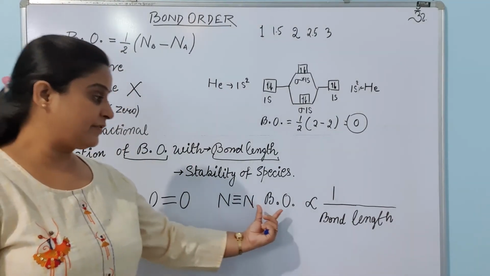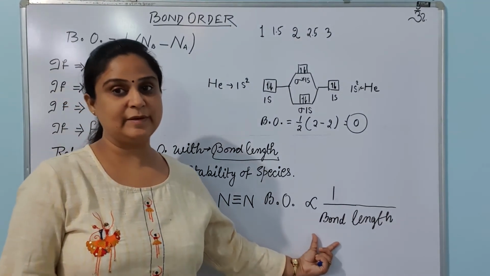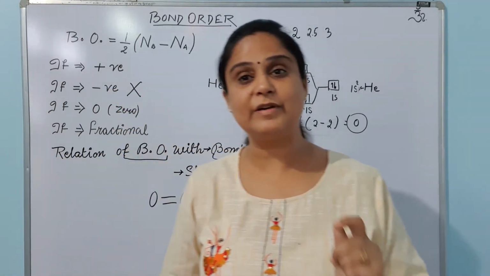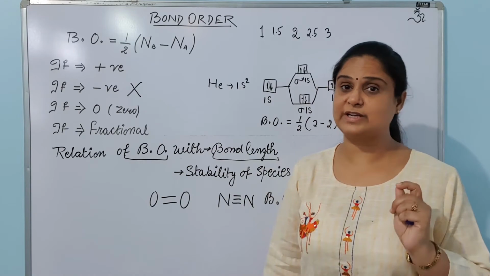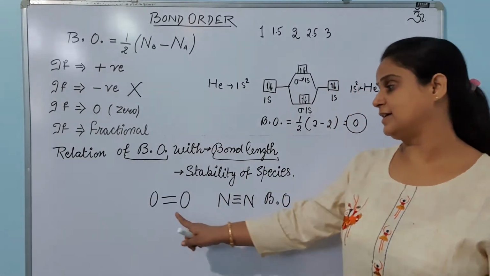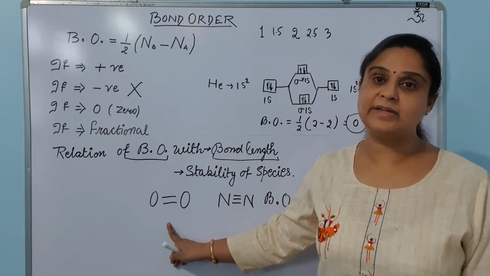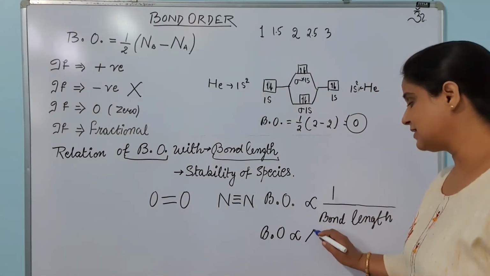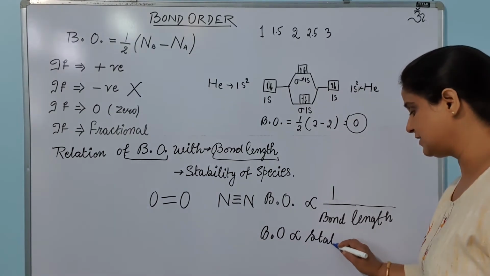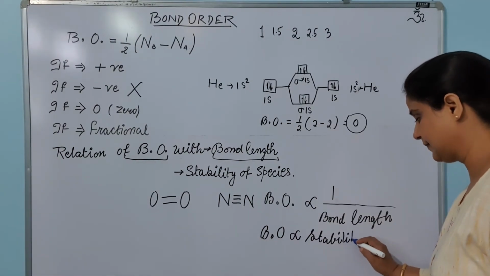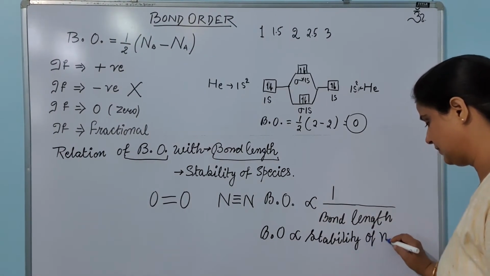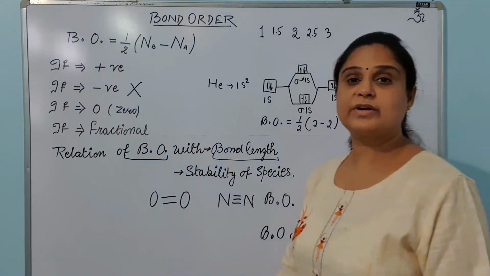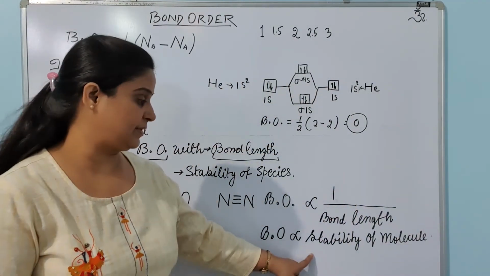That means if the bond order is more, bond length will be less, and if the bond length is less, it means that molecule will be more stabilized. It is not going to react that easily, unlike a molecule having less bond order. Is it clear? So we can say that bond order is directly proportional to the stability of the molecule.